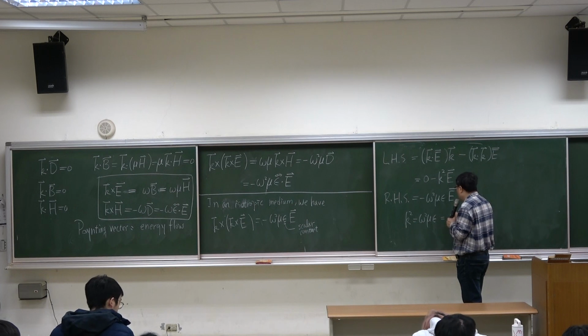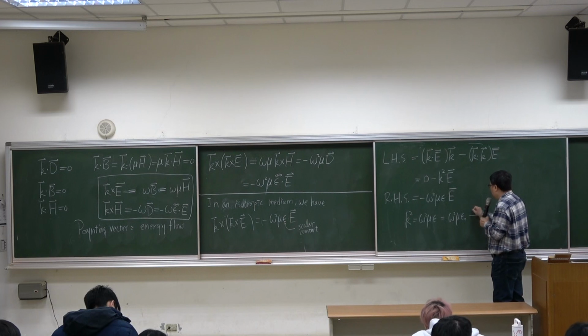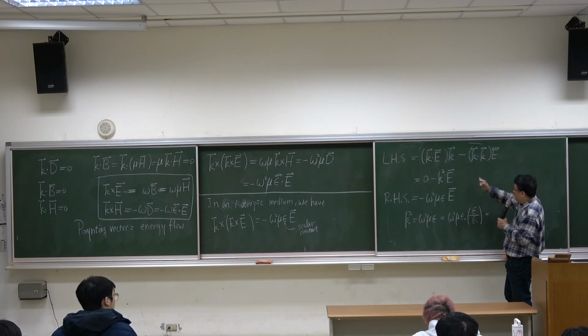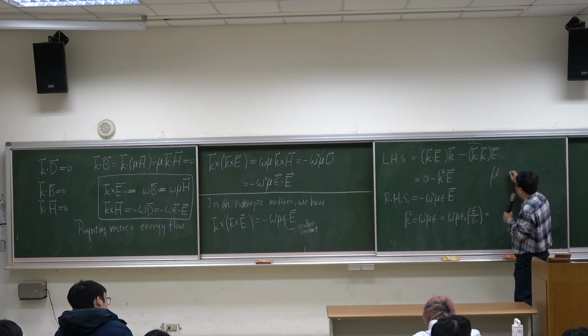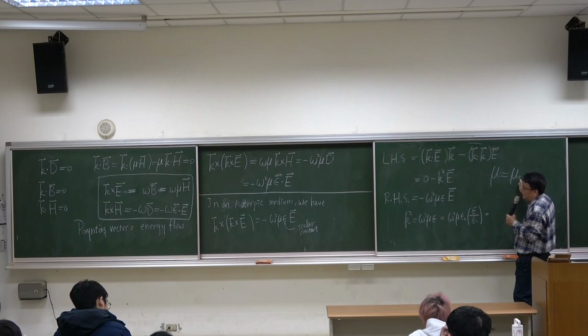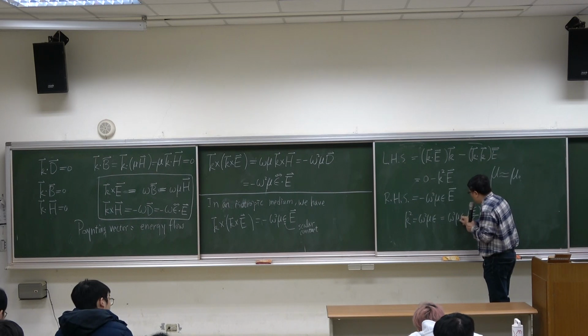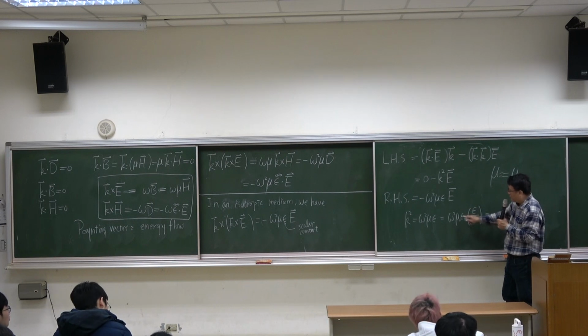And this is just omega squared mu 0 epsilon 0 times epsilon over epsilon 0. Okay, and for non-magnetic material, in this textbook, we always assume that mu is very close to mu 0, the mu in the vacuum. So I can write this as mu 0 epsilon 0, and the mu 0 epsilon 0 is just 1 over c squared.